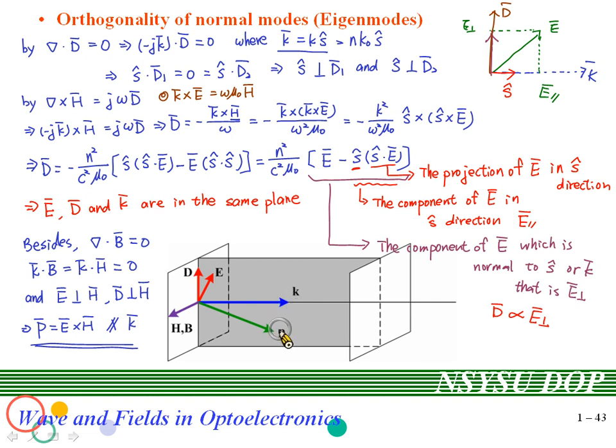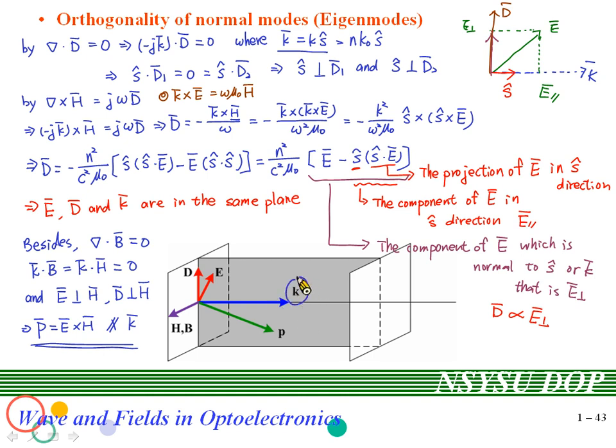So in an anisotropic medium, the Poynting vector P is not always parallel to K. This means that the direction of the power may not be the direction of the wave.